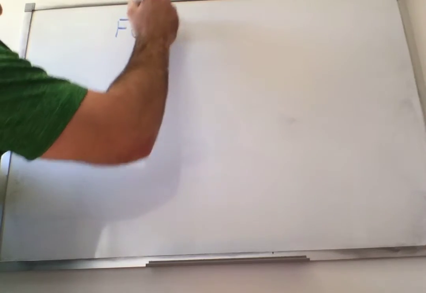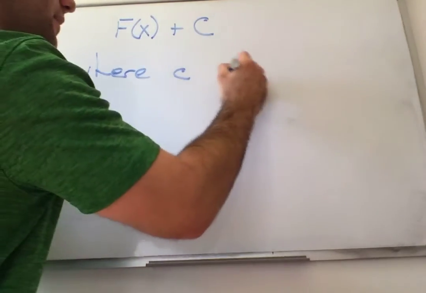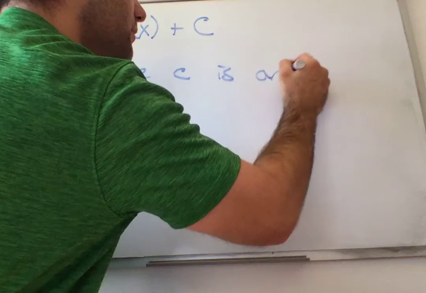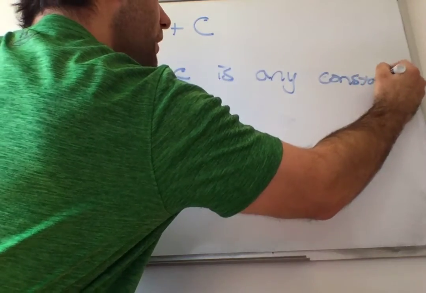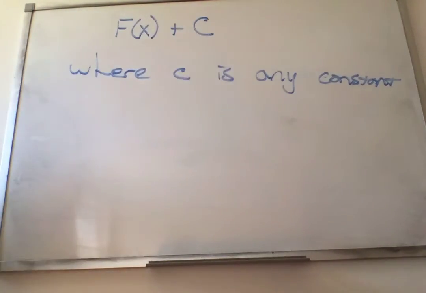It says if big F is an antiderivative of little f on an interval I, so it starts out a lot like the definition above, then the most general antiderivative of little f on I is big F of x plus c, where c is any constant. Okay? F of x plus c.